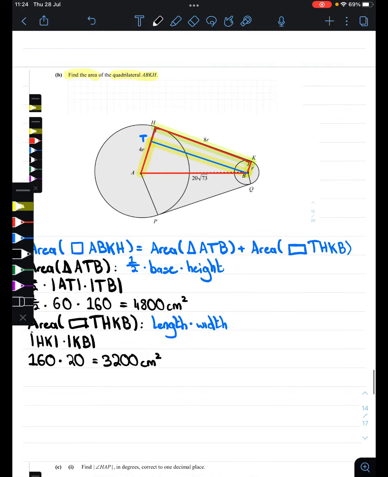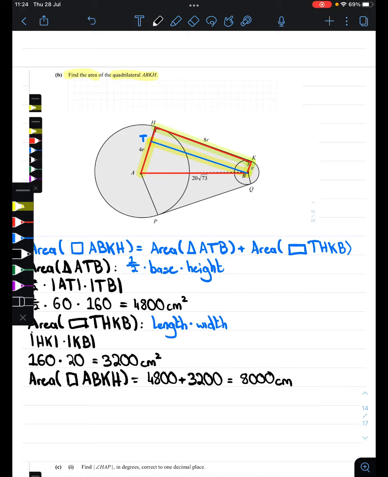And the area of the thing we're looking for, the area of the quadrilateral ABKH, is the sum of these two, 4,800 plus 3,200 equals 8,000 centimeters squared.